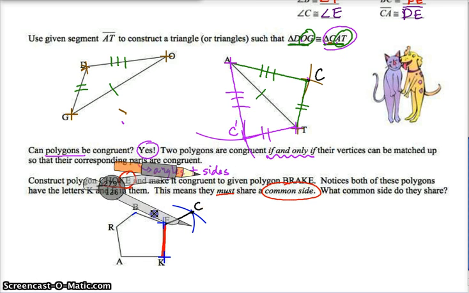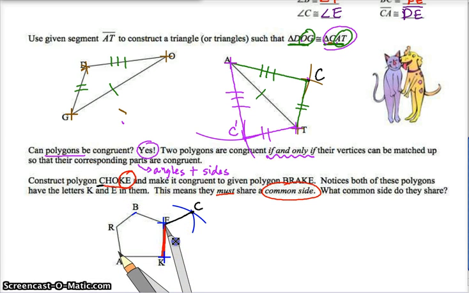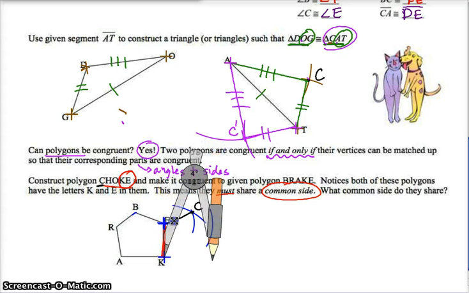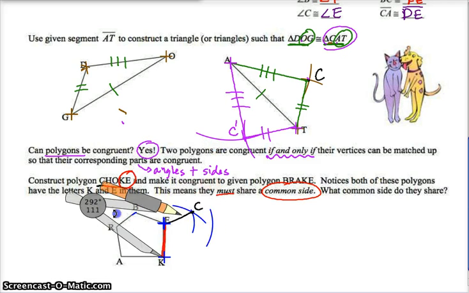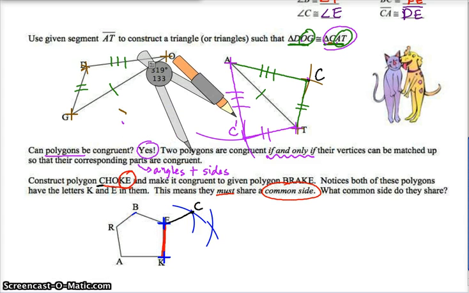Now how do I do letter H? Well, again, I have to do these two points of intersection. So I go back to letter E, and I put my compass over here, and I open to measure the distance from E to R. And then I scoop around, and I make that little mark out here in space, and then I move my compass down to K. I go back, open it to letter R. I scoop around, and then that point of intersection is going to be where letter H is.